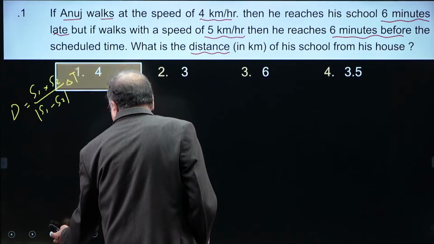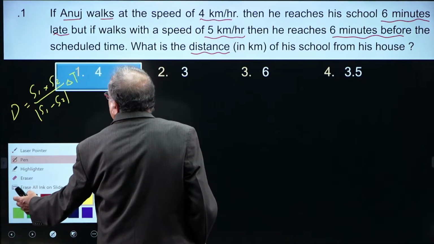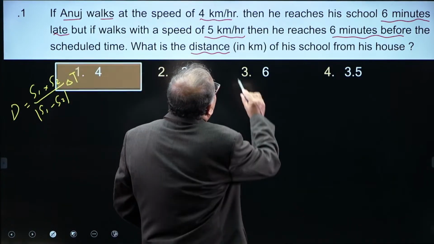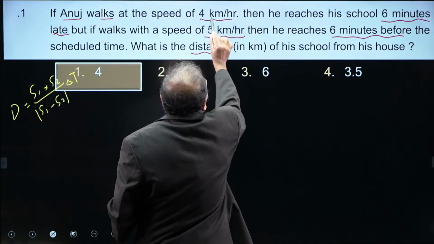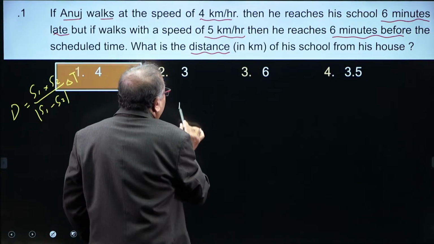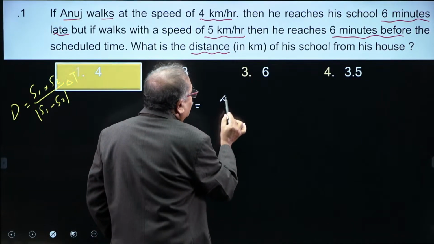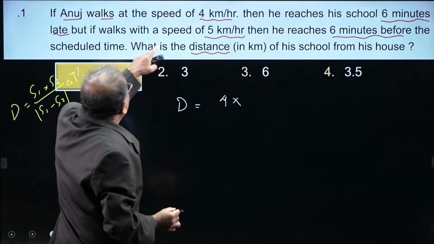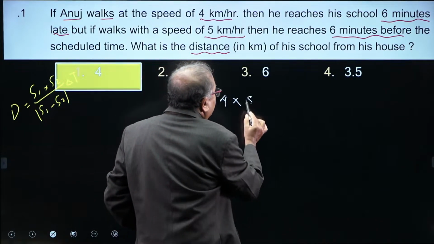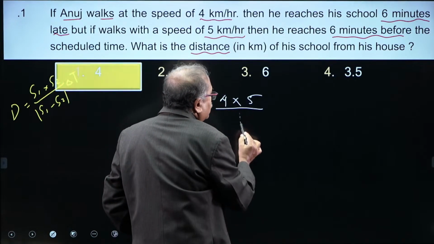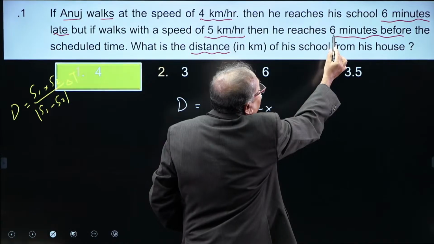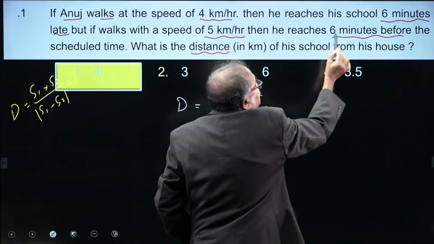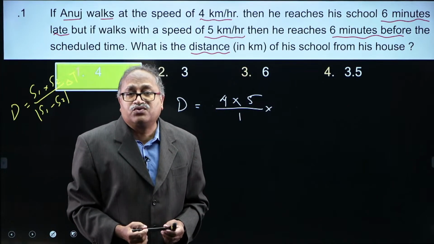This is simply replacing with this formula. What is S1? He walks at a speed of 4 km per hour. The distance is equal to 4 into the second speed, 5 km per hour, and the difference between these two is 1, and the difference of time is 6 minutes early and 6 minutes late, that is 12 minutes.